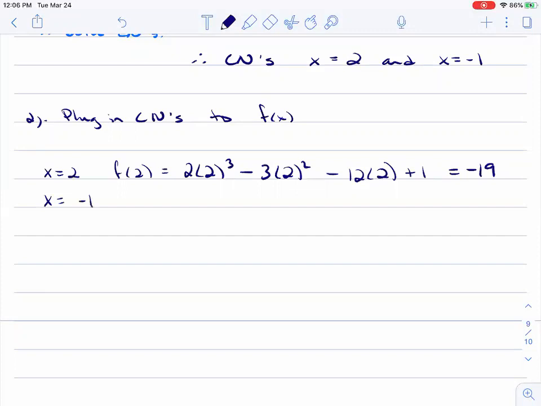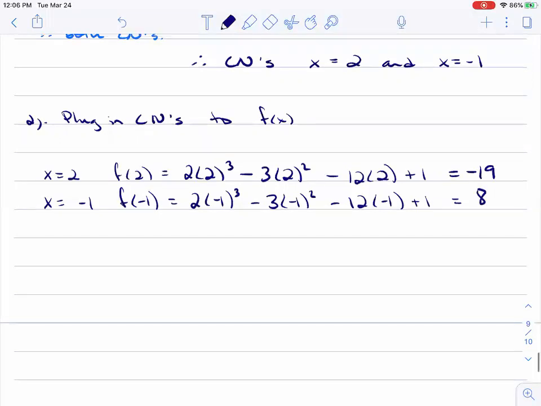So x is negative 1, so f of negative 1 is 2 times negative 1 to the 3. Remembering that negative 1 to the 3 is going to be negative 1, and so minus 3 times negative 1 squared, that's just going to be positive, minus 12 times negative 1 plus 1 should be negative 2 minus 3 plus 12 plus 1, 8.